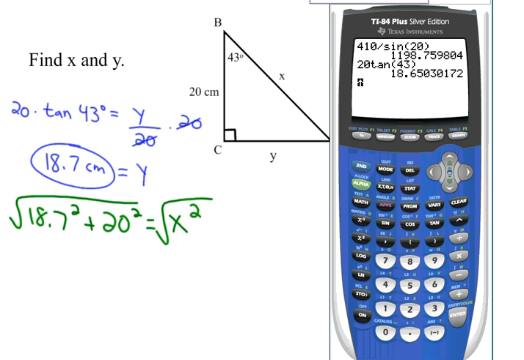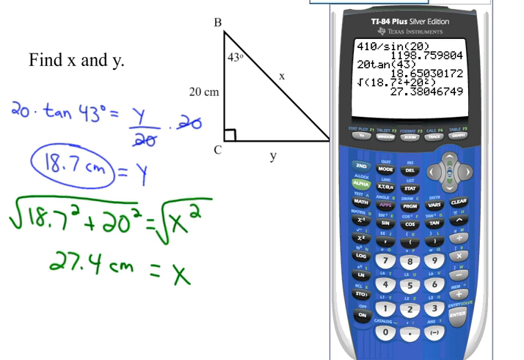Square root of 18.7 squared plus 20 squared. And we'd get x to equal 27.4 centimeters.